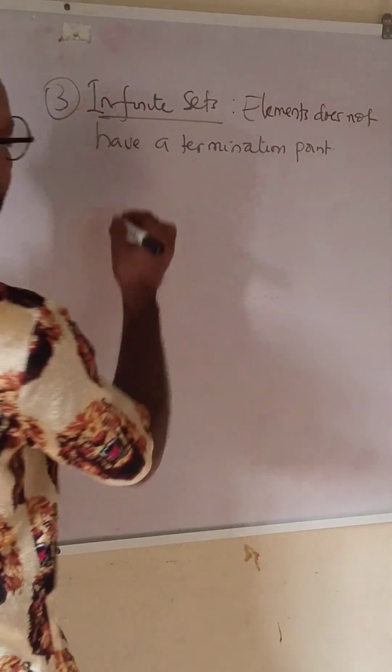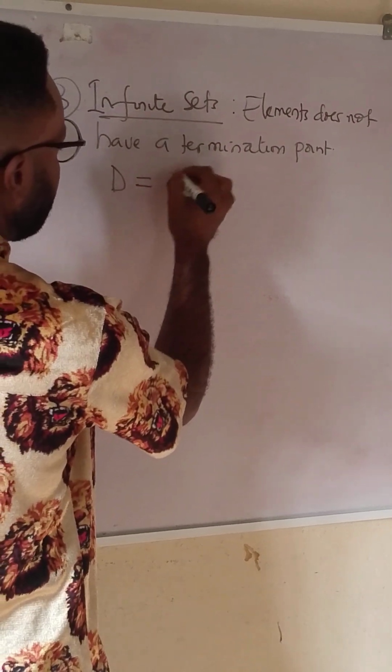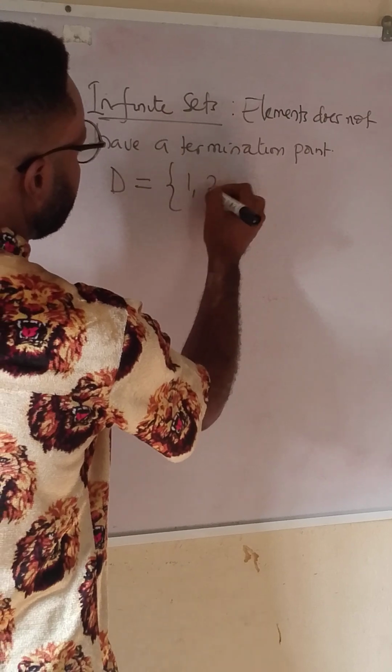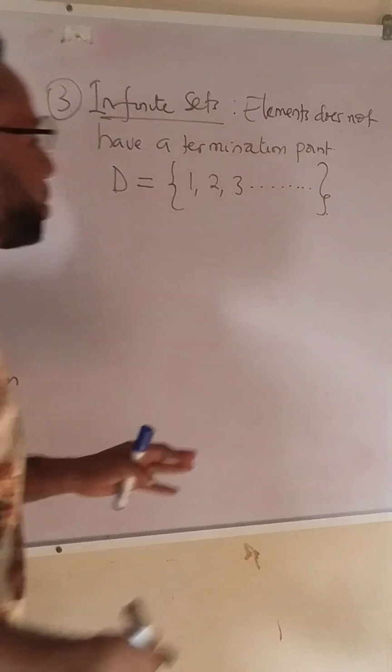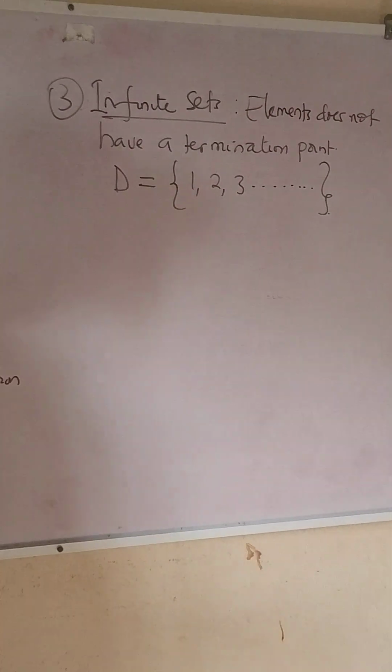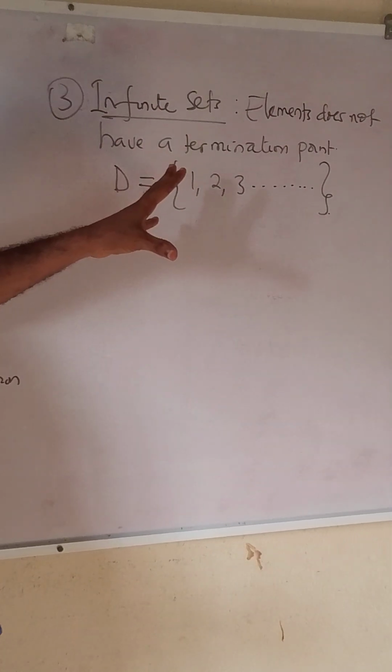For instance, given set D equal to 1, 2, maybe 3, and you have dots. So this is a typical example of an infinite set.